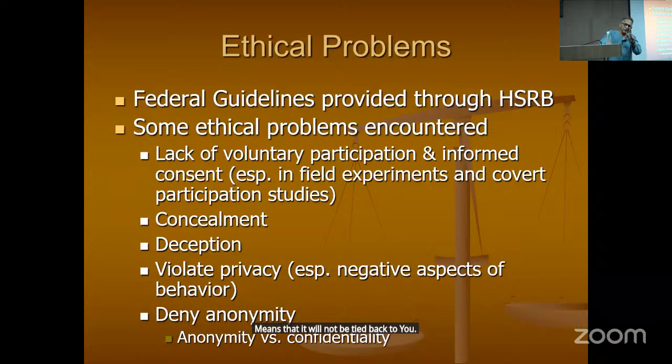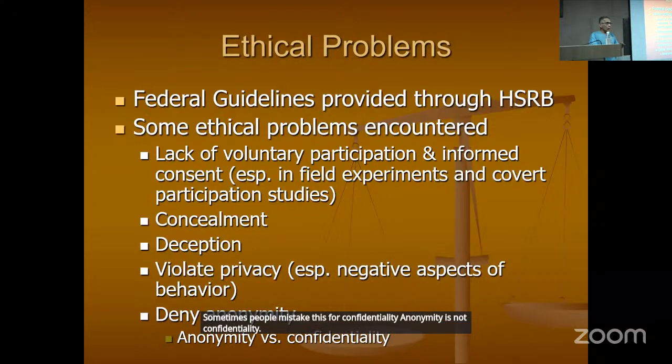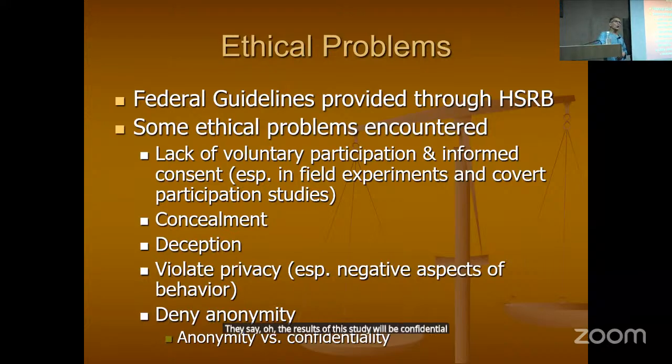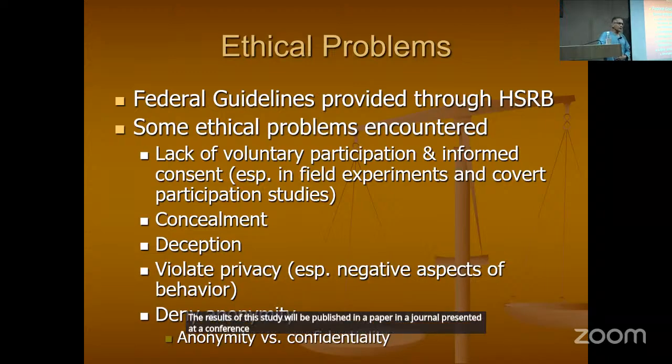Sometimes people mistake this for confidentiality. Anonymity is not confidentiality. They say, oh, the results of this study will be confidential. No. The results of this study will be published in a paper, in a journal, presented at a conference. The results won't be confidential, but we're not going to tell who said that.